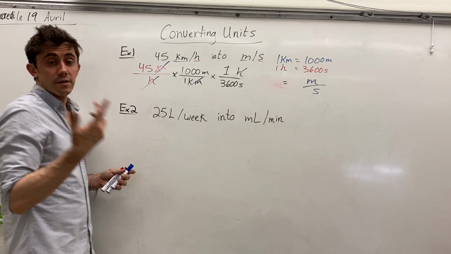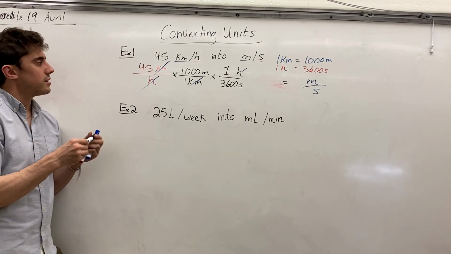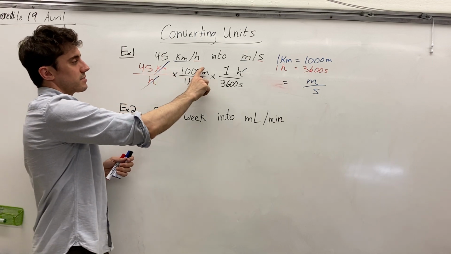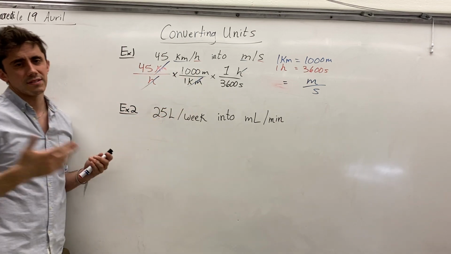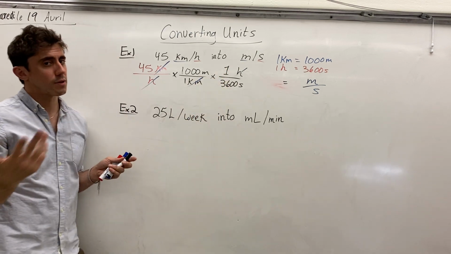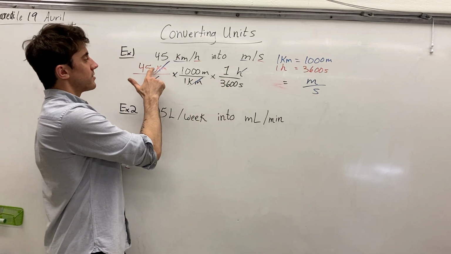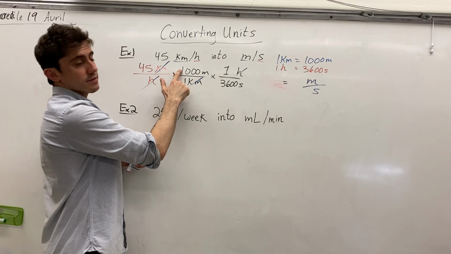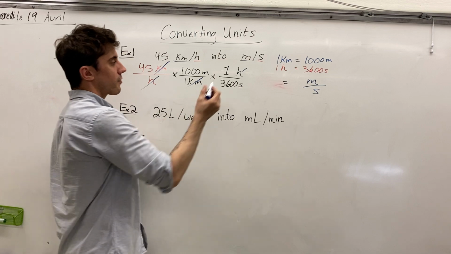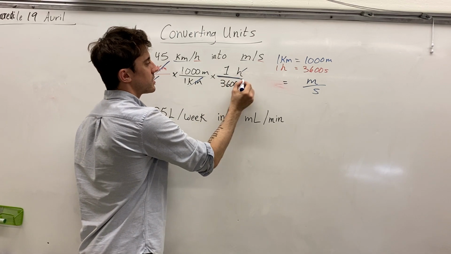With your calculator, or if you want to do it cognitively, practice your mental math, we're going to have 45 times 1,000 divided by 1, but divided by 1 does nothing. Then we're going to have times 1, again, multiplying by 1 does nothing. So really what we have is 45 times 1,000 and then divided by 3,600, reminding you that a fraction is really just a division, right?